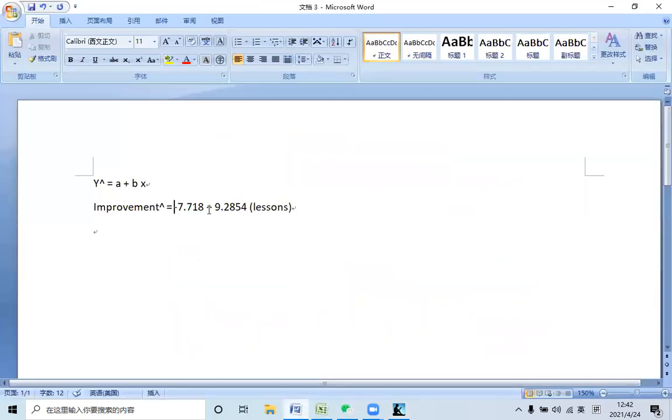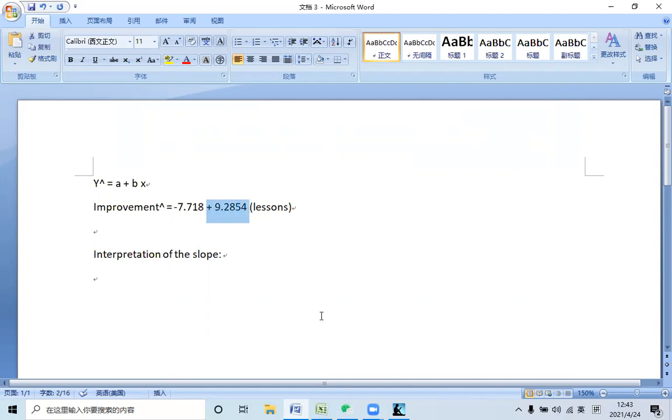Basically, you want to interpret this number, the slope. What is the meaning of the slope? First of all, the slope, you see, is positive.